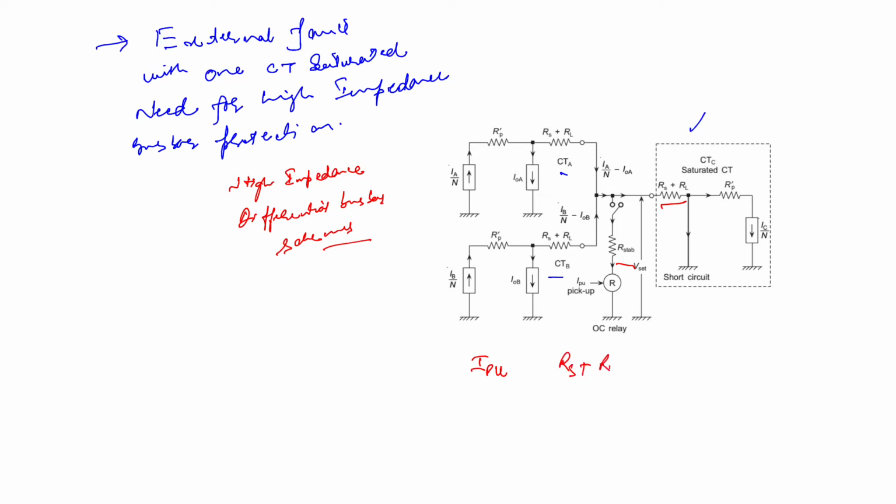The impedance of the secondary circuit of the saturated CT can be represented by ZS, which is nothing but RS plus RL.